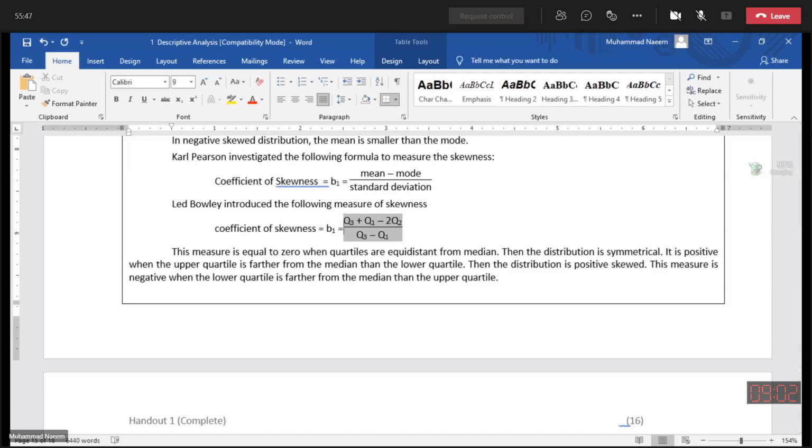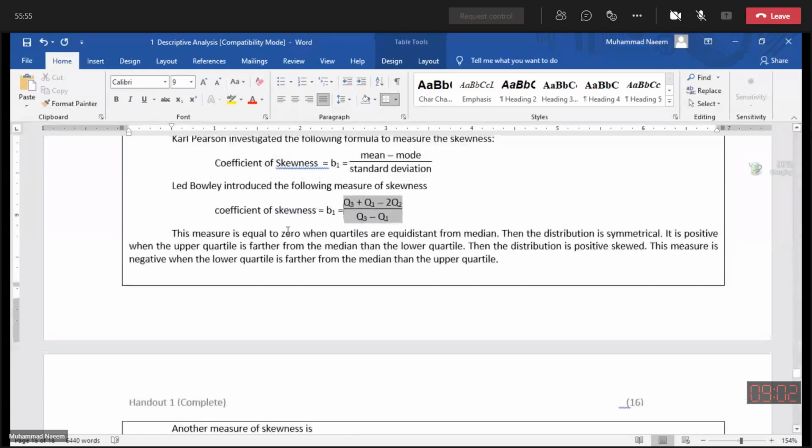So when this value of B1 is zero, when this measure is equal to 0, distribution is symmetrical.